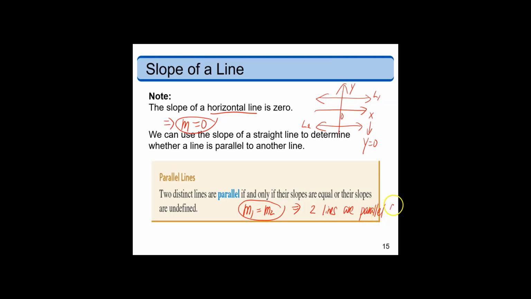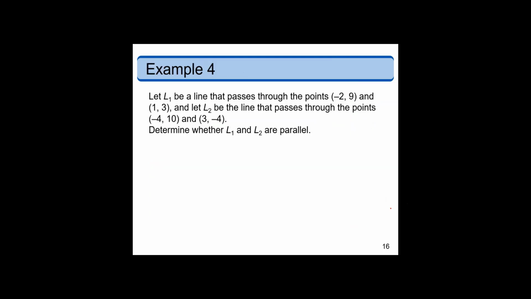Okay. Let L1 be line number 1 that passes through the points (-9, 1) and (3, -5). L2, line number 2, is the line that passes through the points (-4, 10) and (3, -4). So determine whether they are parallel. We determine the slope. Given 2 ordered pairs, we label them x1, y1 and x2, y2.